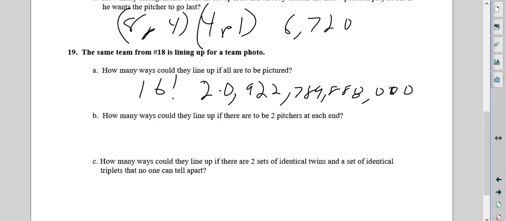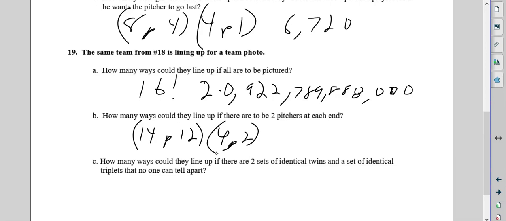How many ways could they line up if there are 2 pitchers at each end? Okay. So kind of like before, we got 14 people going for 12 of the spots and 4 people going for 2 of the slots. Okay. We could also do this with the slots problem. Where we put the pitchers on each end and then fill in the numbers in between.